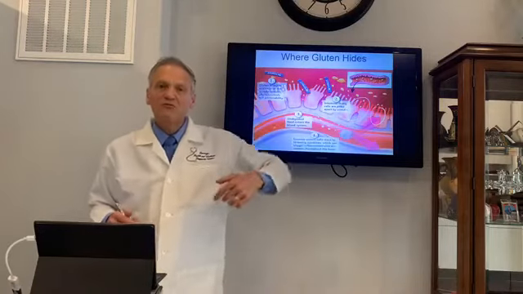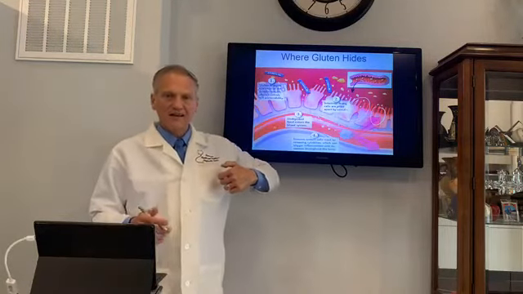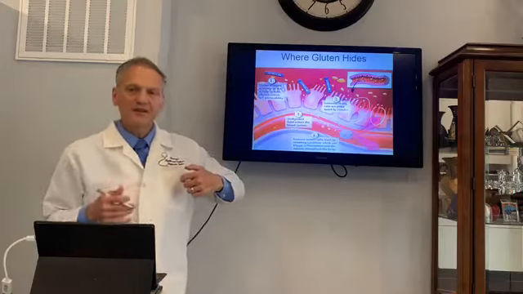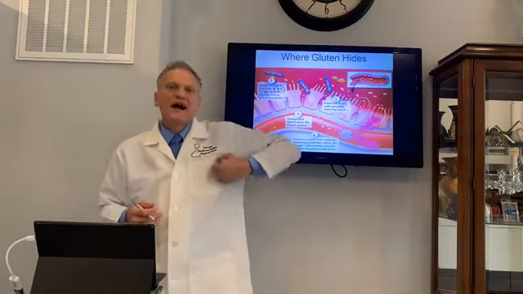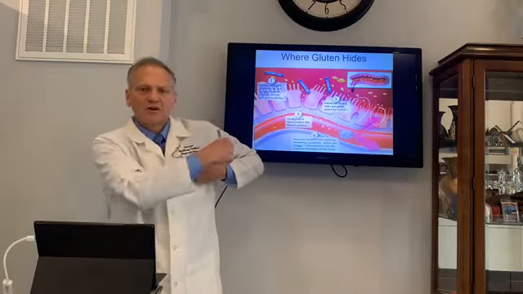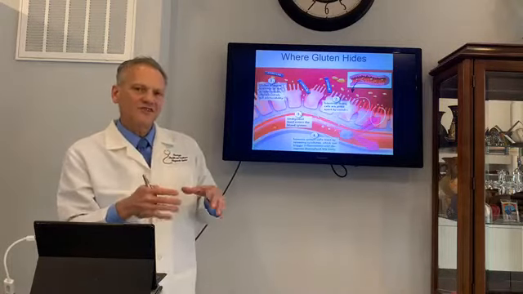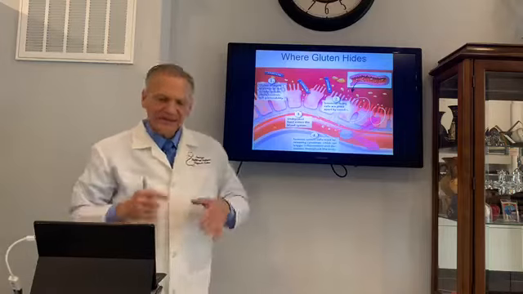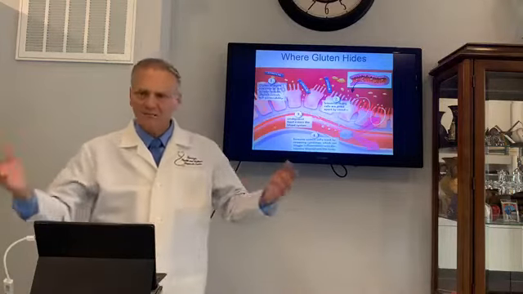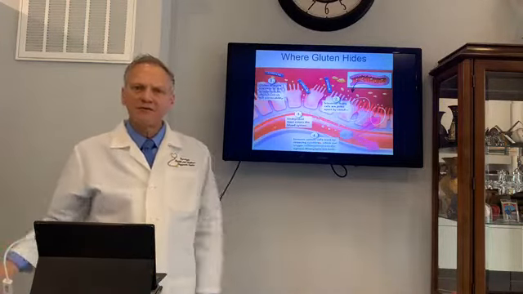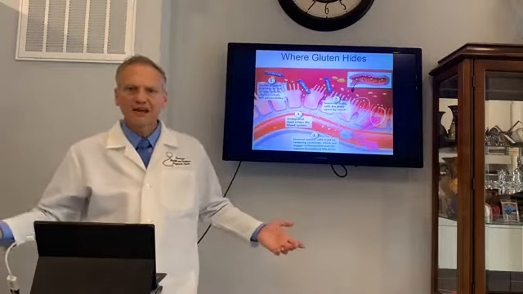Did you ever play Red Rover as a kid? I'm willing to bet there's a good possibility you did. When you did, you locked arms together and somebody couldn't come through. Well, you don't want food that's not completely digested going through, because even, like, take broccoli. Organic broccoli is one of the better foods. Kale, organic kale, one of the better foods you can have.